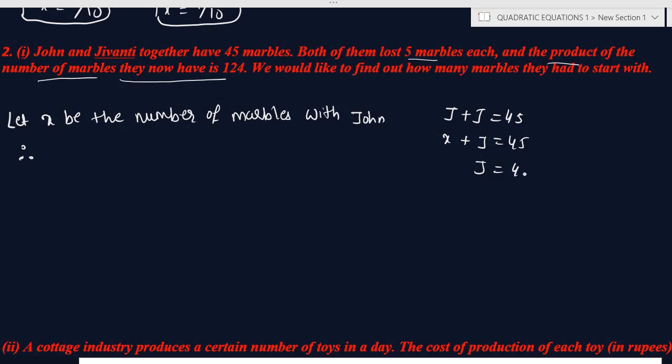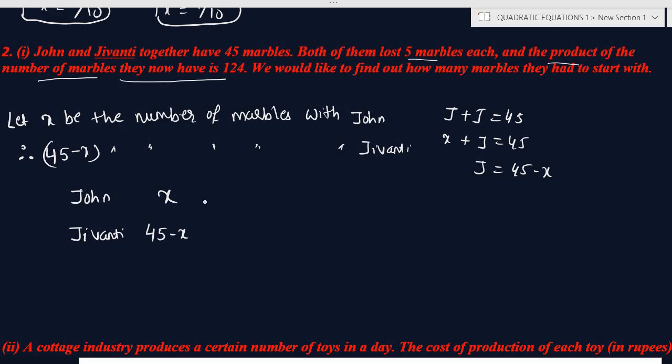That is 45 minus x. Therefore 45 minus x is the number of marbles with Jeevanti. John is having x marbles and Jeevanti is having 45 minus x, and they lost 5 marbles.